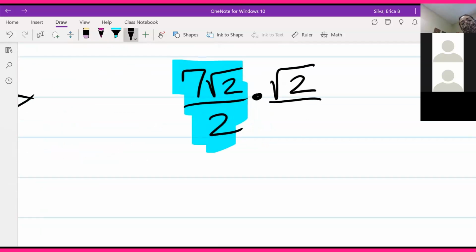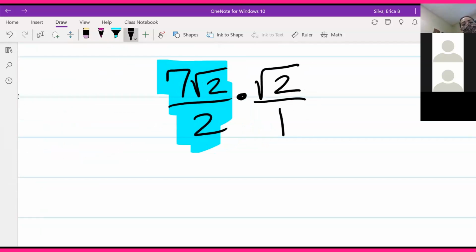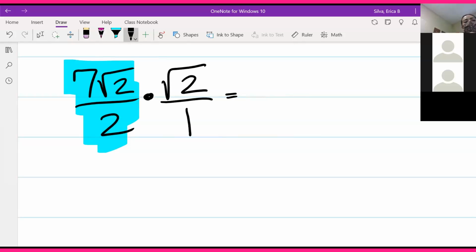Now remember, with fractions, we want to put that number over 1. And we get 7. Then we do the square root of 2, oopsie, times 2, that gives us the square root of 4. Divided by 2 times 1, it's 2.